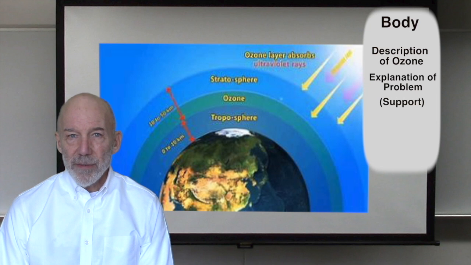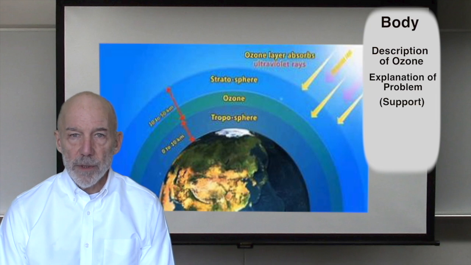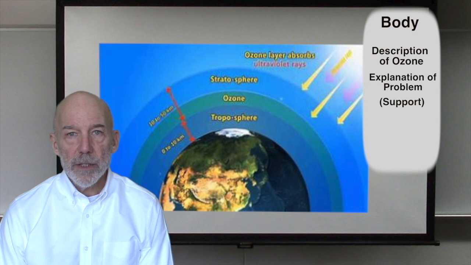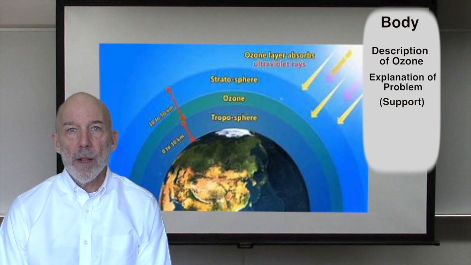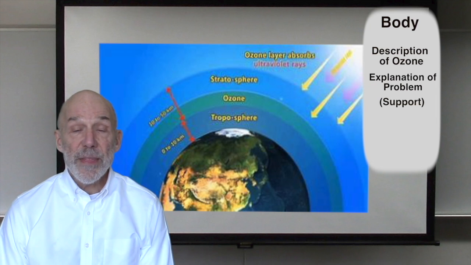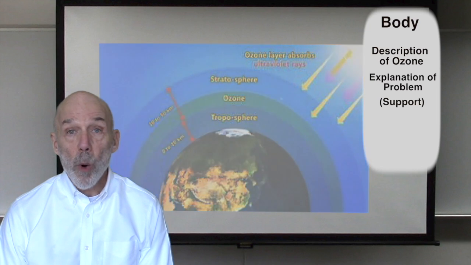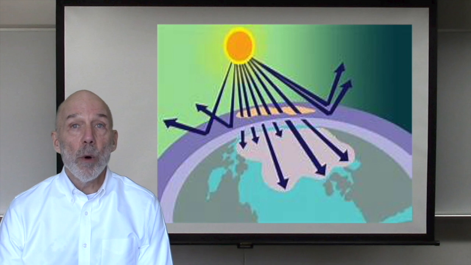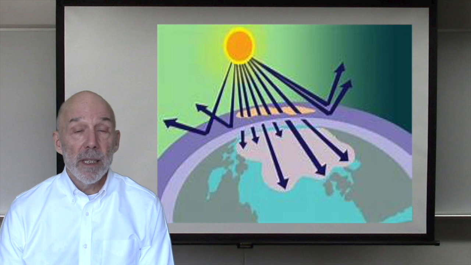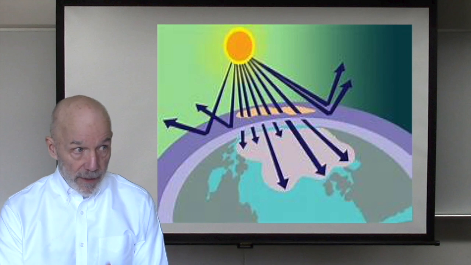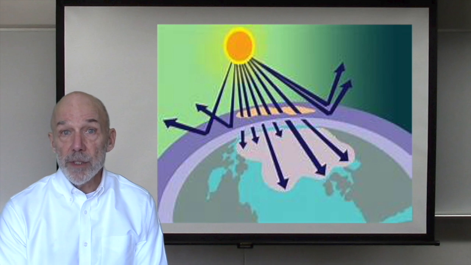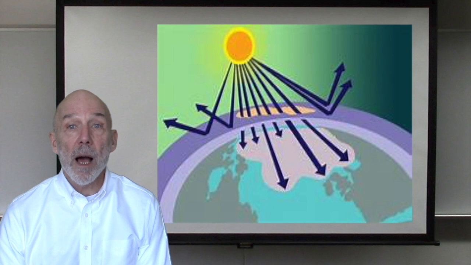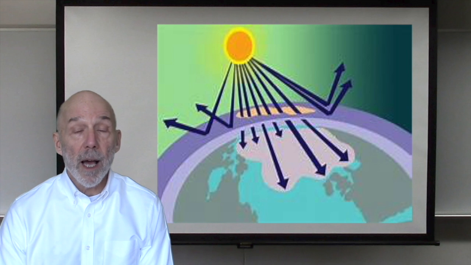In the 1970s, it was discovered that there are areas where the ozone layer is thinning. It's not a hole, it's a thinning, it's depletion. The ozone layer is being depleted, and obviously that's a problem because that will allow more UV light to reach Earth.